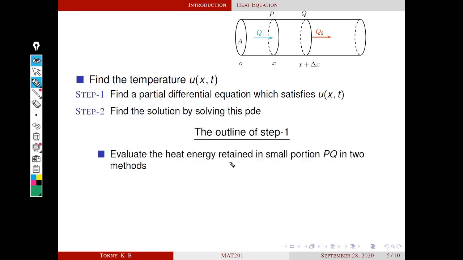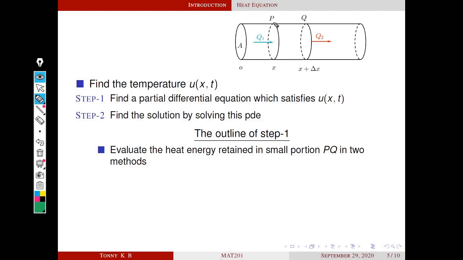We evaluate the heat energy retained in a small portion PQ by two different methods. Here P denotes the cross section at x and Q denotes the cross section at x plus delta x. So PQ is a small portion of the rod with length delta x.